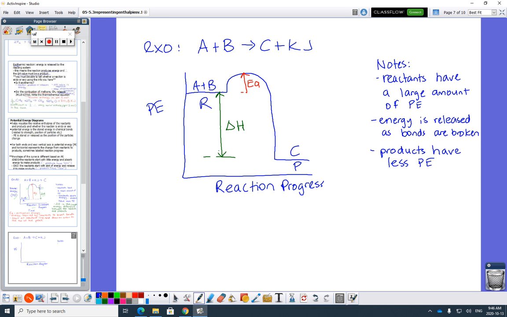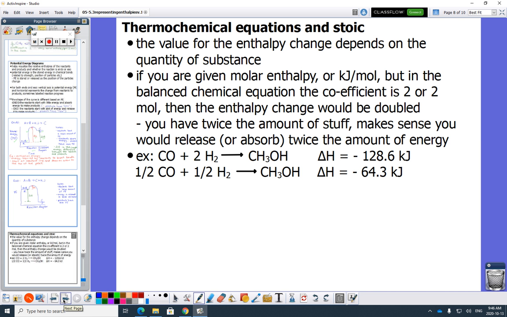Okay, so when you're asked to do stoichiometry for a reaction, like I said, it sort of does make sense. If you have a reaction with certain coefficients and certain amounts of energy, then in a different situation you have less or more, you want to be able to manipulate that energy value.